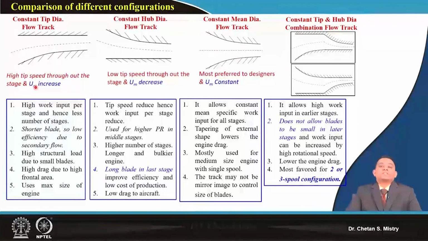Most of the middle stages for our compressors, for engines, have been designed based on that. And in order to have the combined benefit of constant tip diameter and constant hub diameter, we go with a combination. That is what we are using at this moment for multi-spool configurations, let it be 2-spool or 3-spool. For all those, we use this combination of tracks.